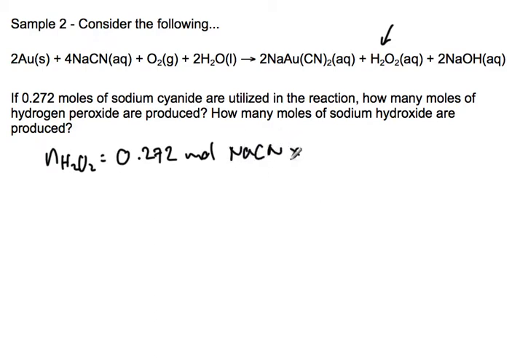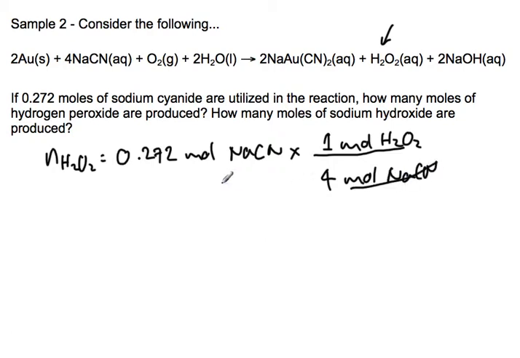And we're going to multiply that by an equation factor. And the equation factor, again, we want to be left with hydrogen peroxide, and we have 1 mole of it. So 1 mole H2O2 divided by 4 moles of sodium cyanide, NaCN.